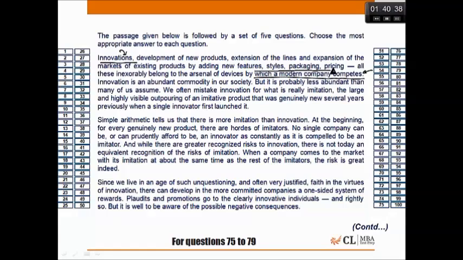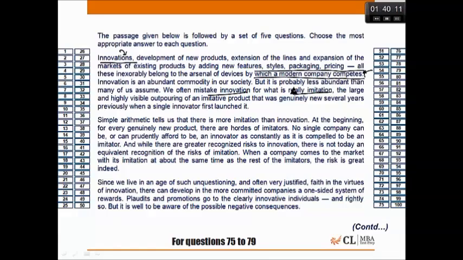That's also the key sentence. Innovation is an abundant commodity in our society, but it's probably less abundant than many of us assume. We often mistake innovation for what is really imitation, the large and highly visible outpouring of an imitative product that was genuinely new several years previously, when a single innovator first launched it. So we're talking about innovation, and the author is also talking about imitation.